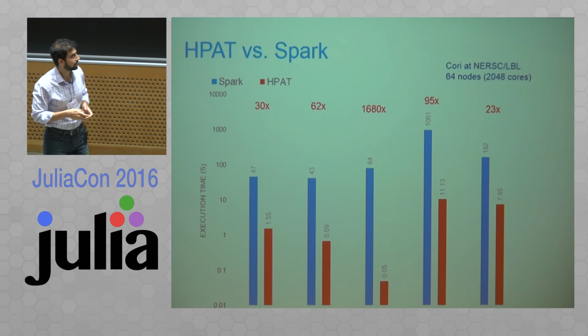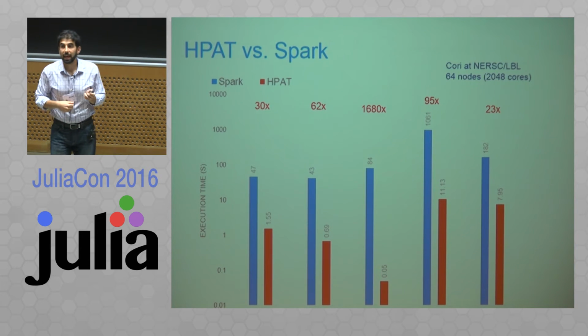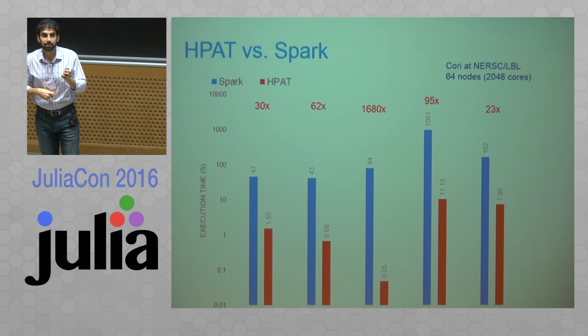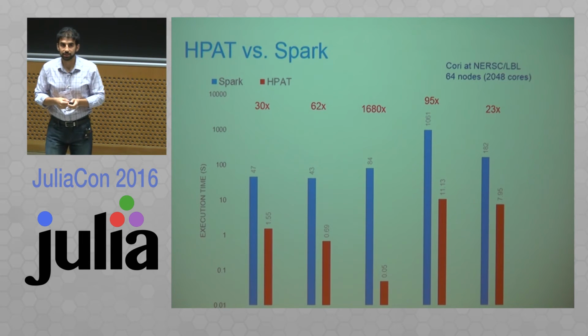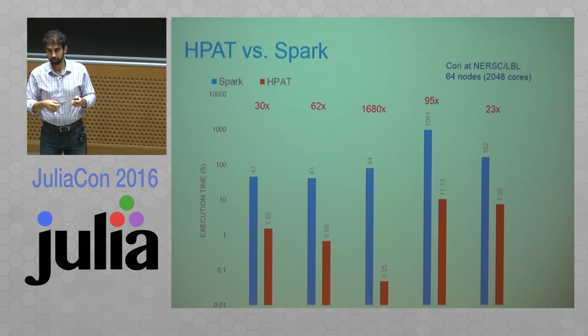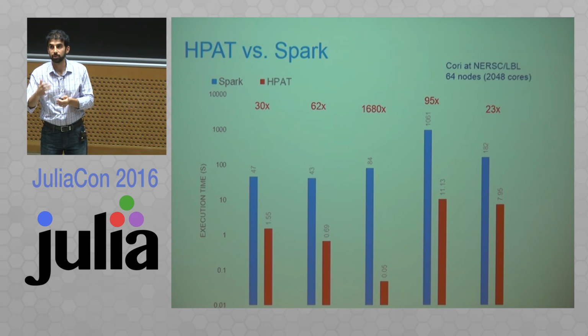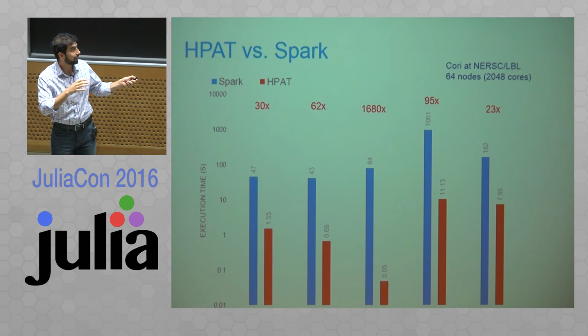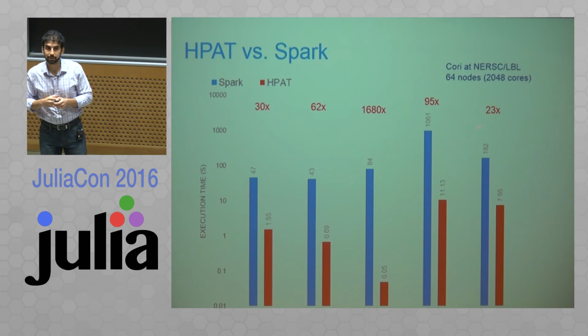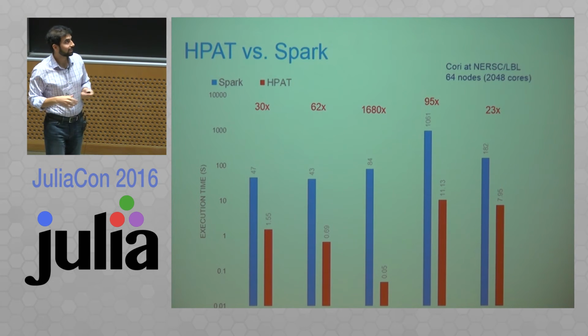It's very difficult to write that code. The speed up is only 23 times because HPAT needs to do some compiler transformations that it cannot do right now. So the code that HPAT is generating is not optimal right now. So the speed up has to be way more than that. Something else on the to-do list.